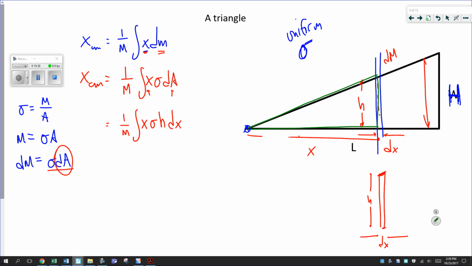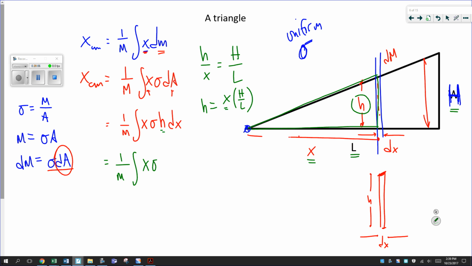The similar triangle relation says that our x and that h is similar to this whole L and the whole big H. So h is to little x as big H is to the whole length L. And look at this, we can now say that h is x times H over L. And now we can get rid of h and write it in terms of x. All is good in the world.